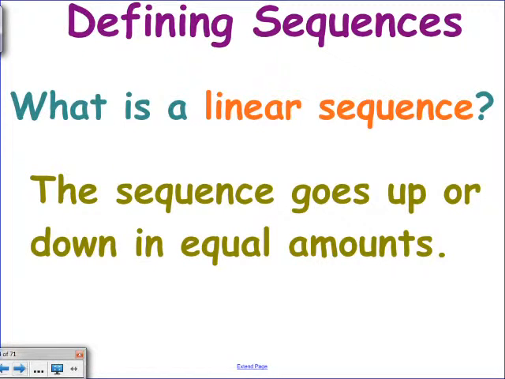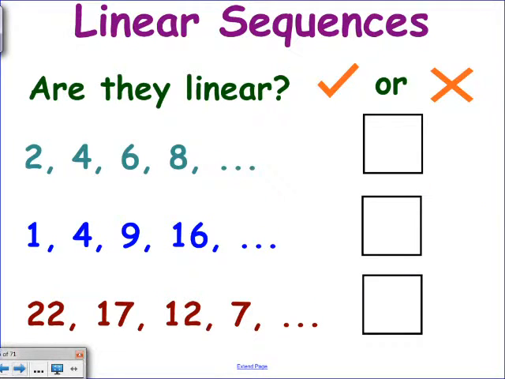Linear sequences go up by the same amount. 2, 4, 6, 8 is a linear sequence because I'm always adding 2. 1, 4, 9, 16 is not linear because it goes up 3, up 5, up 7 and so on, okay? 22, 17, 12, 7 is a linear sequence. It's going down by 5 all the time, okay? So this process I'm going to show you for defining a sequence only applies to linear sequences. We cannot apply it to non-linear sequences.